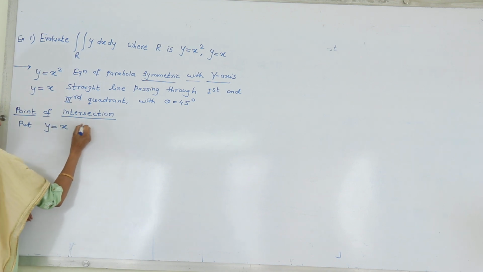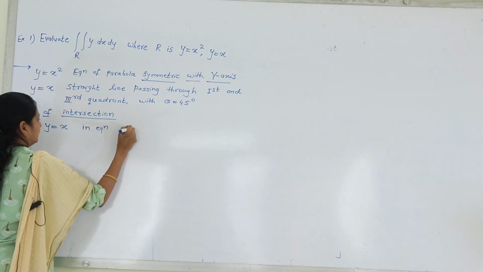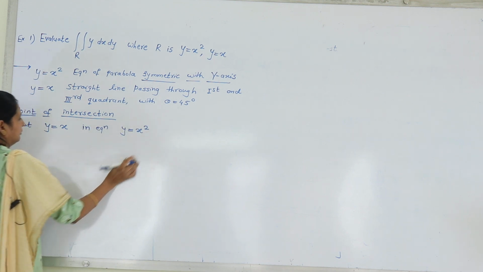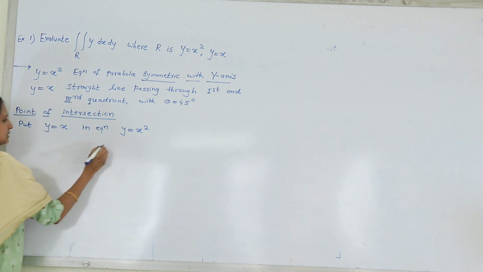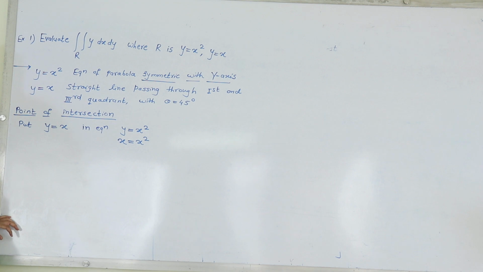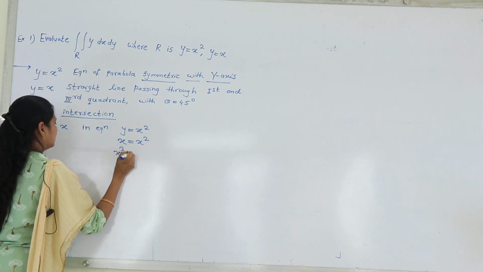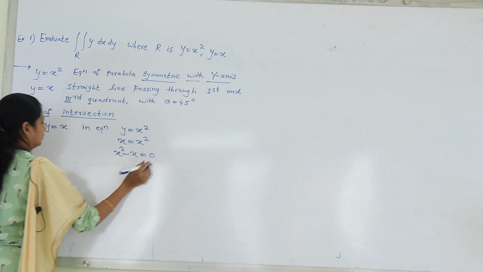Put y is equal to x in the equation y is equal to x square. The value of y is x, so x is equal to x square. Now don't cancel x here. Take the equation x square minus x is equal to 0.